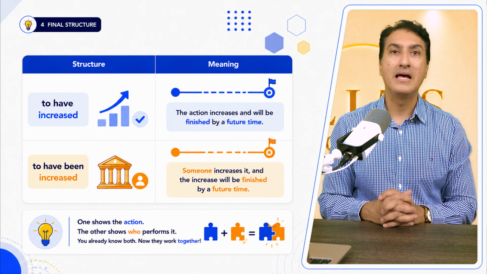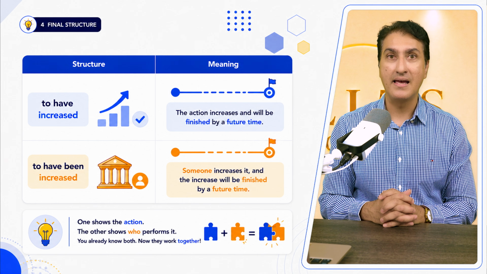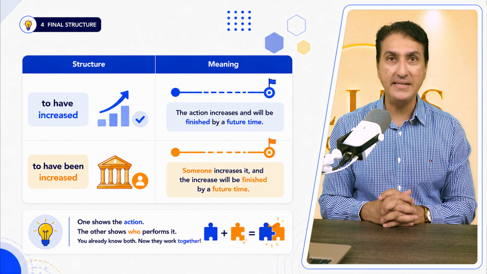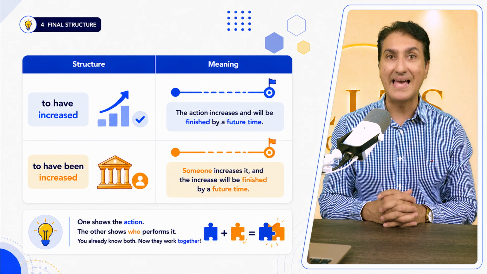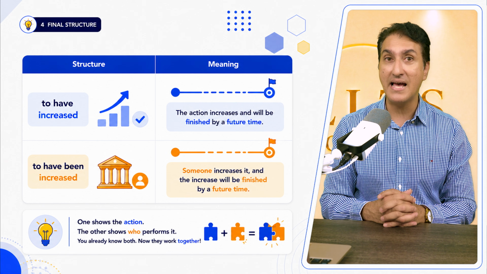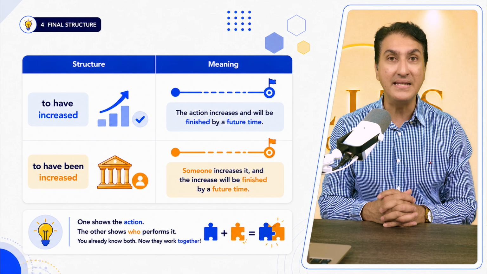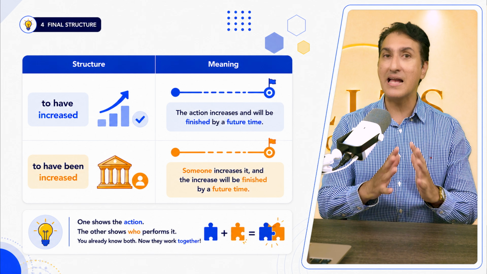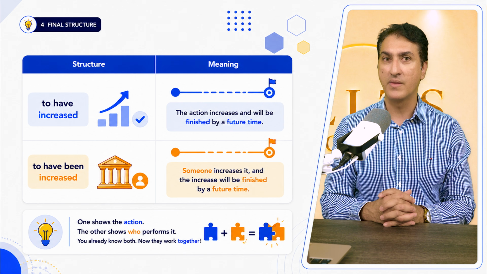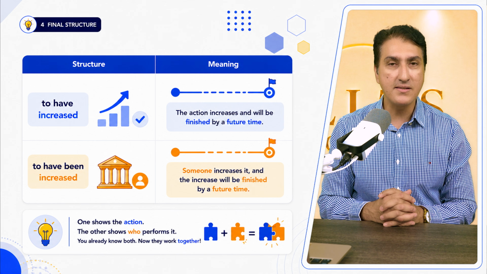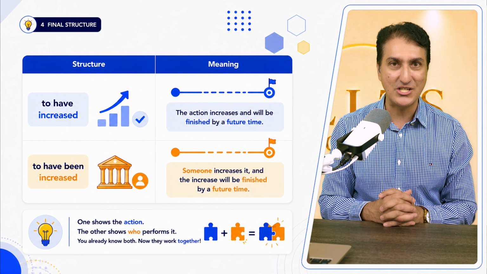Exactly, you have just combined the two ideas we have already learned. We use to have increased when the action will be completed by a future time and nobody performs the action. Now compare that with to have been increased. Here the action will also be completed by a future time, but this time someone performs the action.